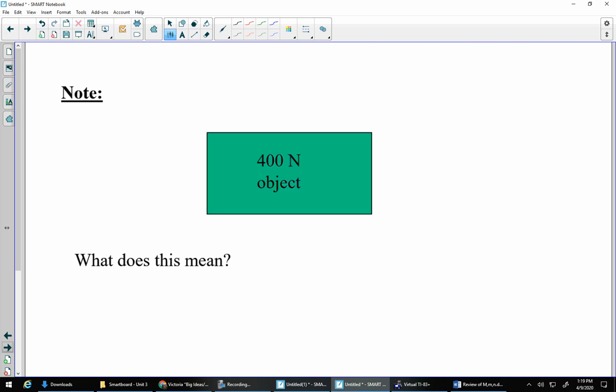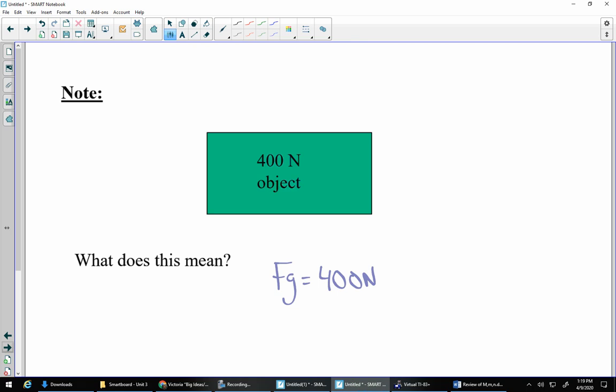I've already kind of mentioned this. I have a 400 Newton object. What does that actually mean? Well, it means that my force of gravity is equal to 400 newtons. Now, here's an important question. If I knew that an object's weight was 400 newtons, could you figure out that object's mass? How could we figure out that object's mass?